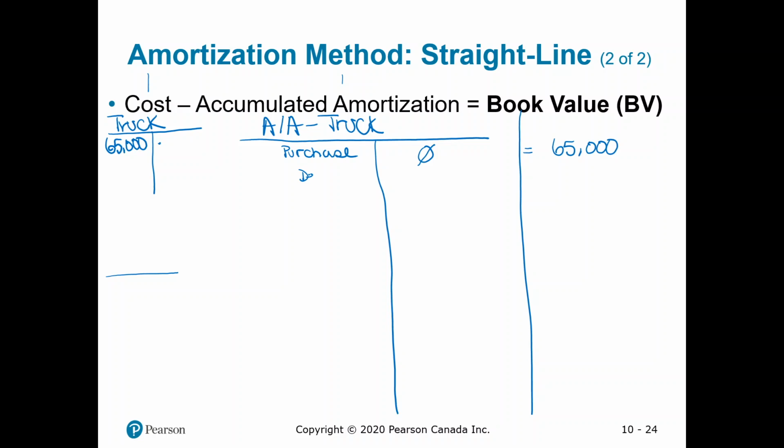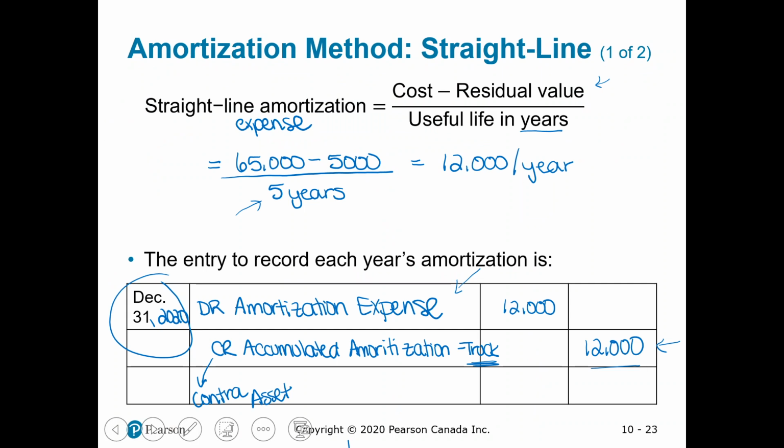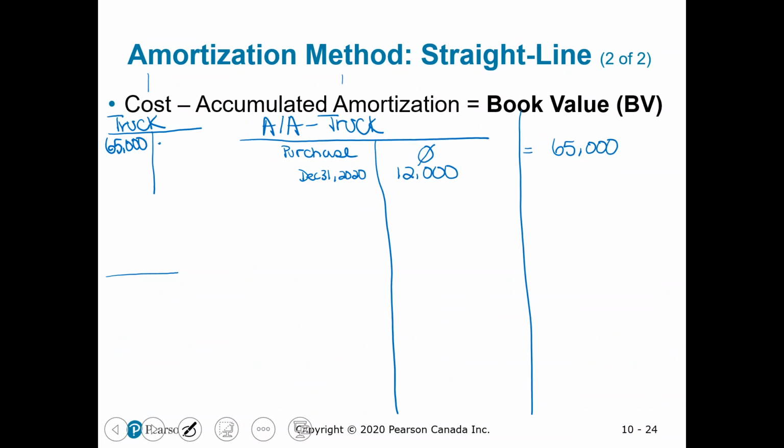Whereas for our accumulated, this is the one where it continues on for the life of the asset. So in the first year, as we saw here, we had a credit to the accumulated amortization truck of $12,000. So we book that $12,000 and we can calculate that at the end of year one, our accumulated amortization is at $12,000. We can figure out the book value, our cost of $65,000 minus this new balance of $12,000, and our book value is equal to $53,000.